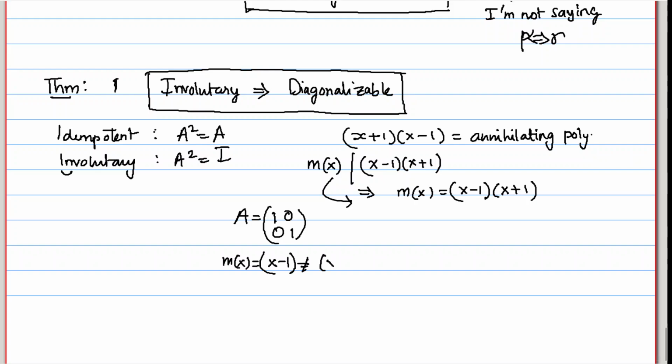So this is not equal to x minus 1 into x plus 1, right? Because what I'm saying is that minus 1 need not be an eigenvalue. Okay?